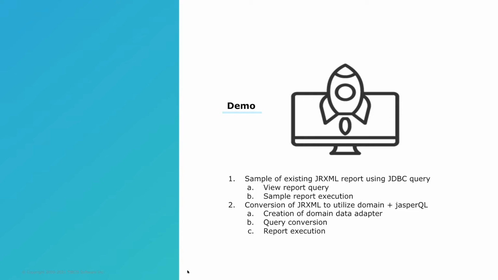From there, I plan on taking an existing copy of this report and changing it to use JasperQL and a domain rather than a query. So there will be a small amount of rework to get that done. We'll start by creating the domain data adapter. We'll then work on converting it from a query over to the JasperQL syntax, and then we'll test and execute the report.